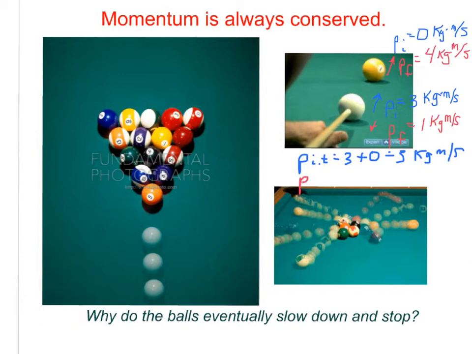And if we look at the final momentum total, hard to write so tiny here, it is going to be 4 minus 1, because the 1 is in the opposite direction. It's going to be a negative number. It will also be 3 kg·m/s. And so momentum is conserved. It was the same total before and the same total after.